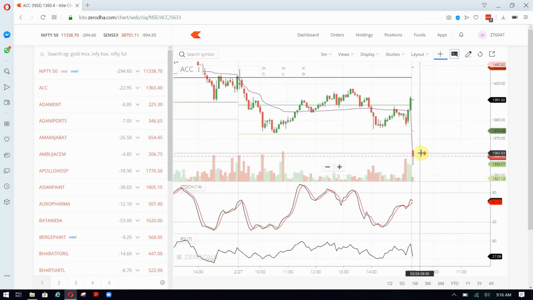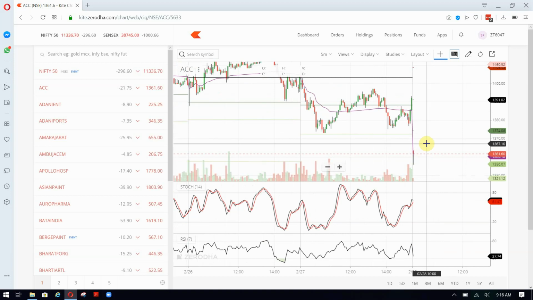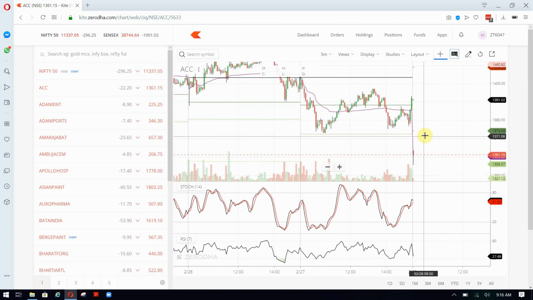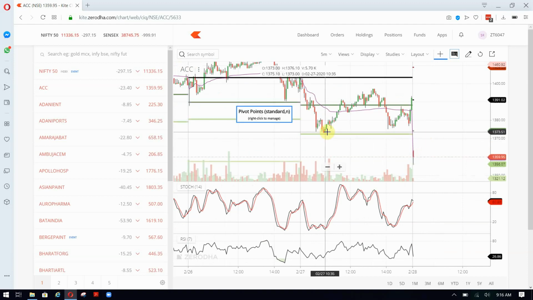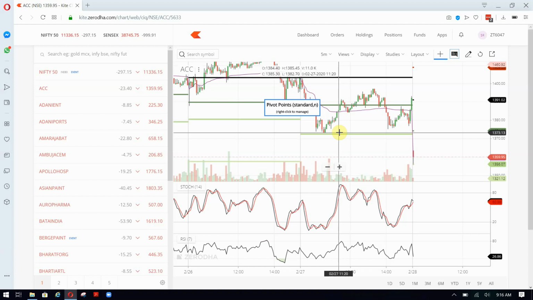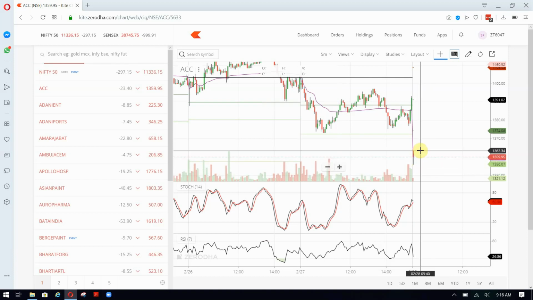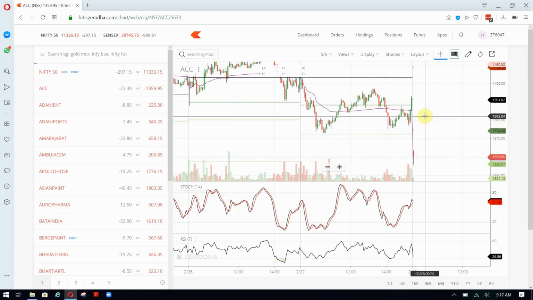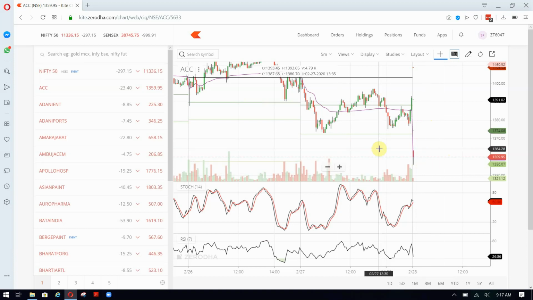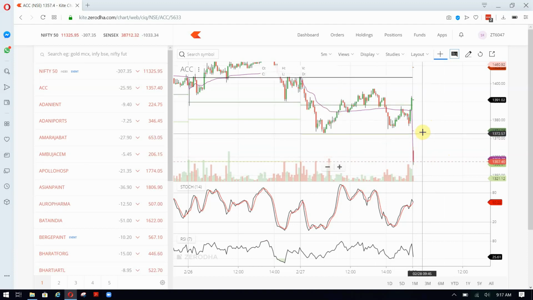I just see the potential support and resistance areas, nothing much. So if you look at it, this is the bottom support which the stock took yesterday. Potentially this stock can reverse from here and test this level, might go above, or again it will start to fall.